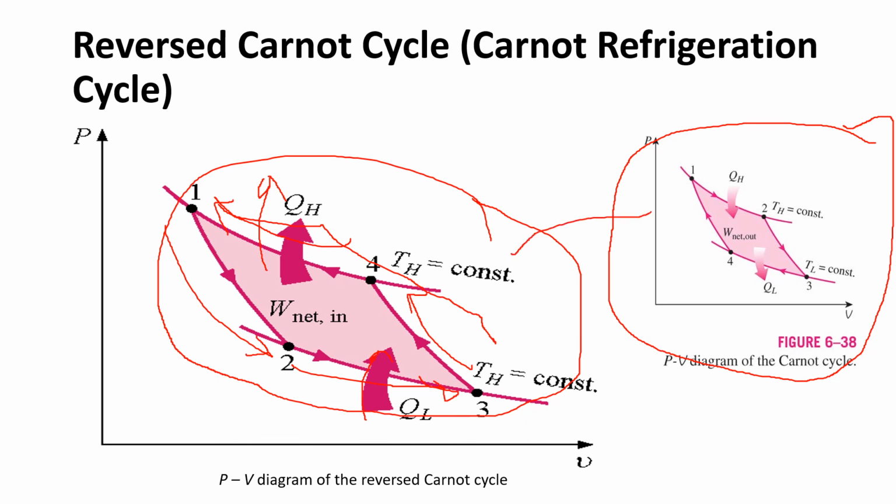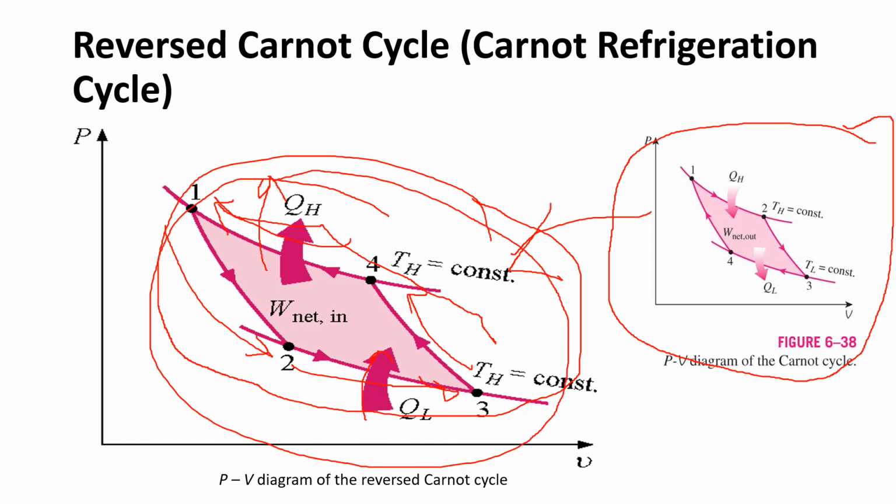So the opposite of the Carnot cycle will be the Carnot refrigeration cycle. But it will follow 1 to 2 to 3, 3 to 4, and back to the initial 1. So from 1 to 3 it is the same, and 3 to 1 also becomes back to the initial condition. So that is the Carnot cycle.